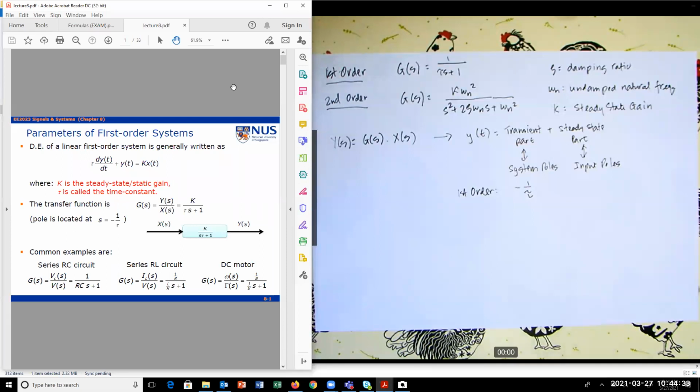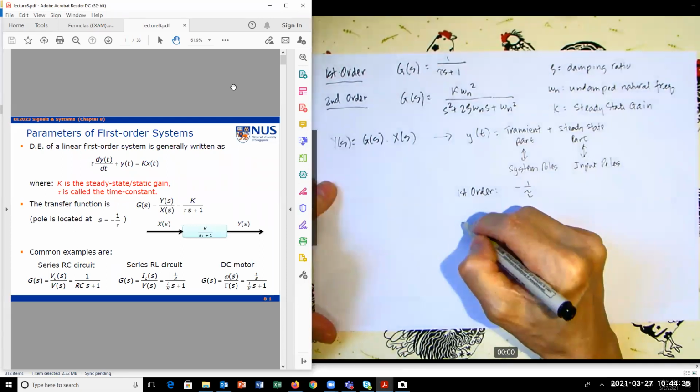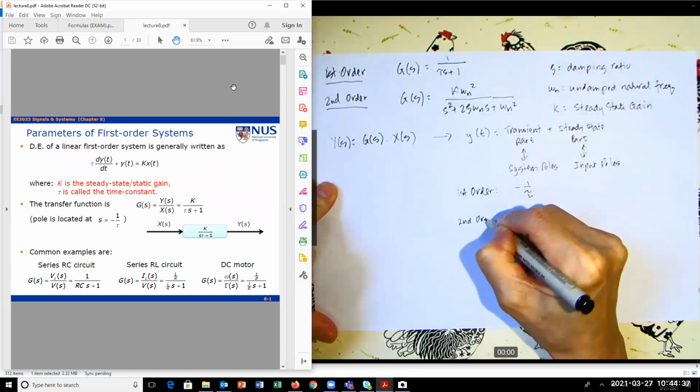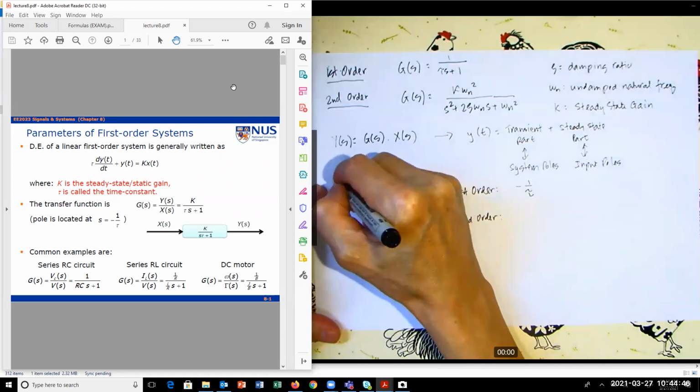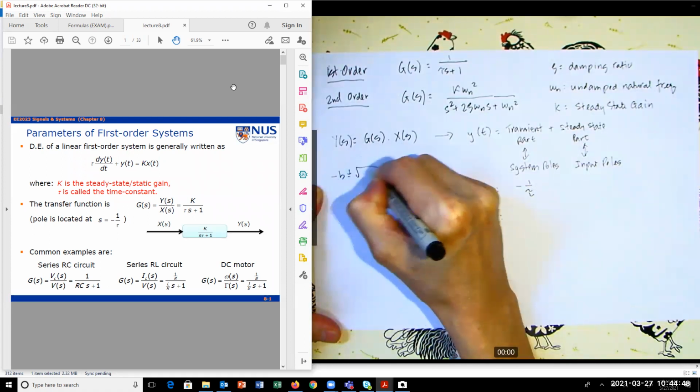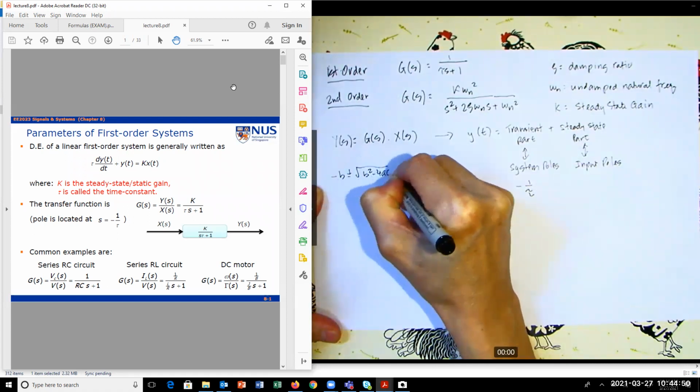In the second order system, what are the poles? To find the poles, we use the formula minus b plus or minus square root of b squared minus 4ac over 2a.